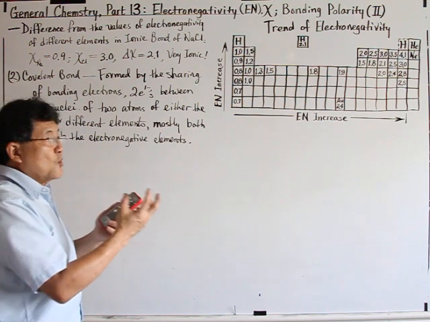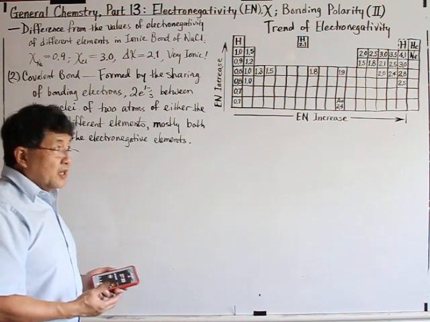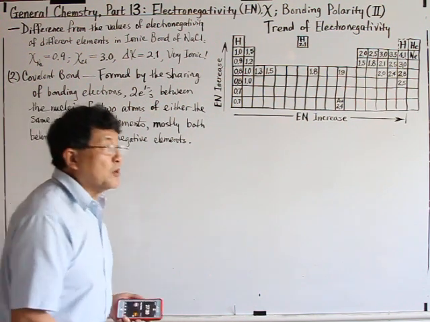Chlorine has a stronger affinity towards the electron. That's where we talk about electronegativity, right? The affinity towards the electron during the bonding formation process.